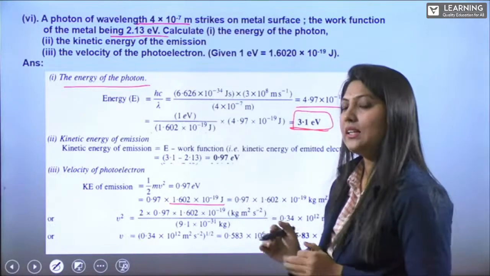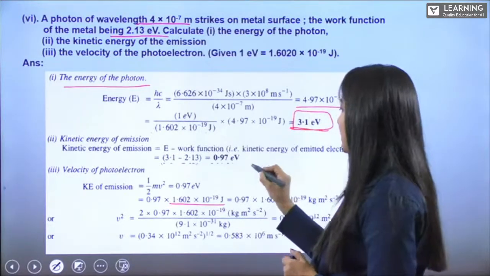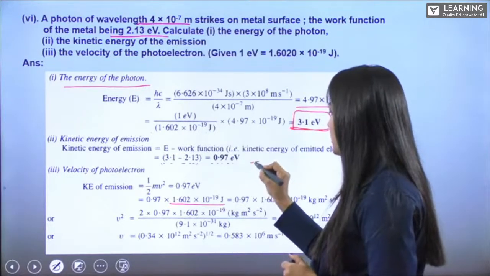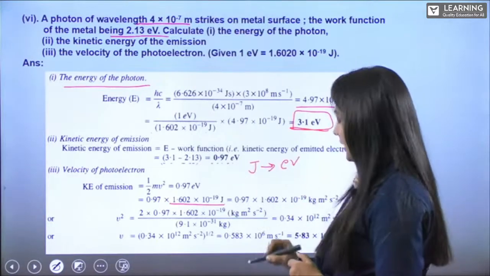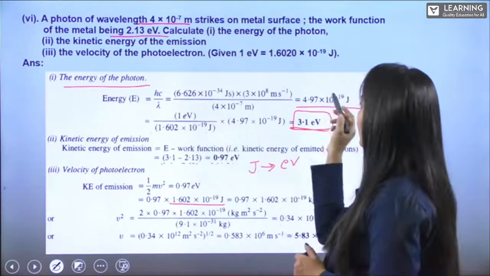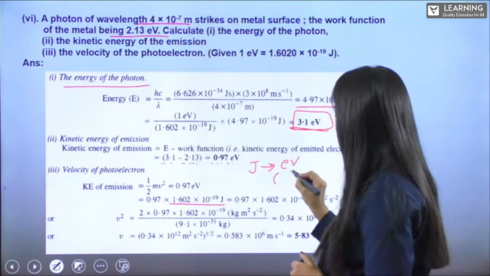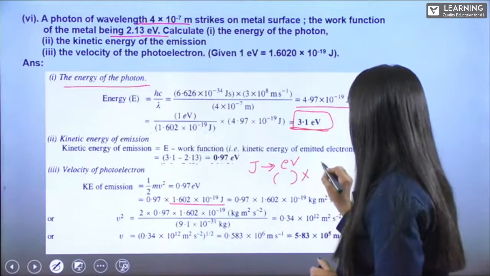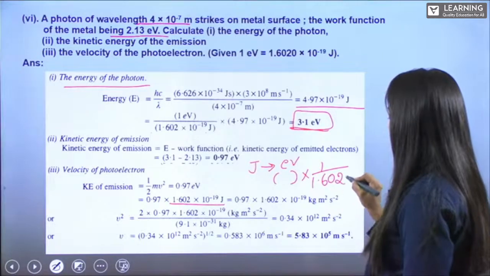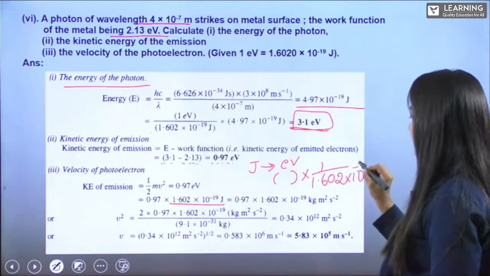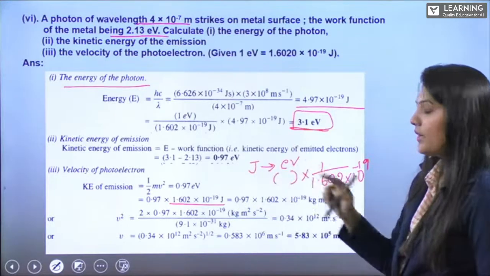If you are converting joules to eV, you need to take the reciprocal of this. That is, the value into 1 divided by 1.602 into 10 raised to minus 19, then this will convert joules to eV.